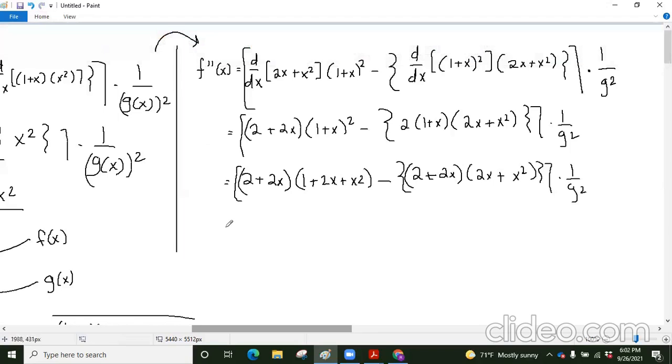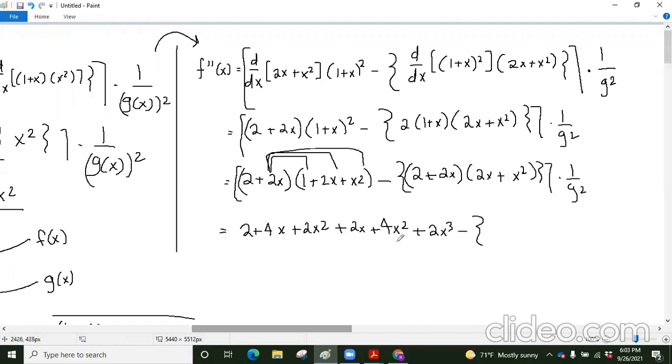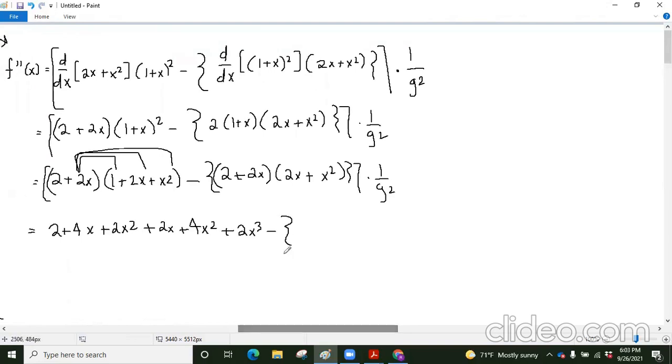And what we'll do at this point is multiply through. So 2 plus 4x plus 2x squared, plus 2x plus 4x squared plus 2x cubed, interesting, minus all of what we had in here, which we'll actually have to elaborate on.